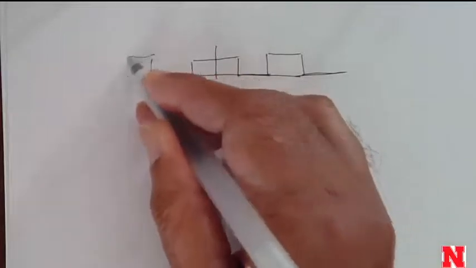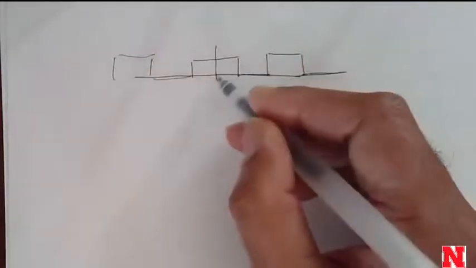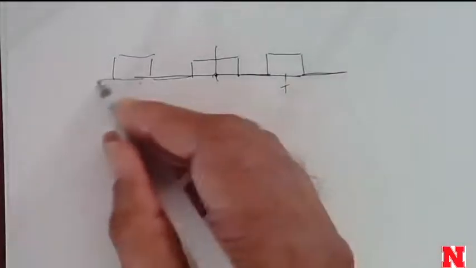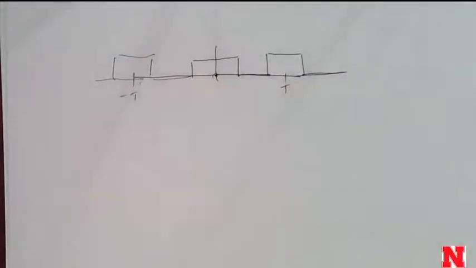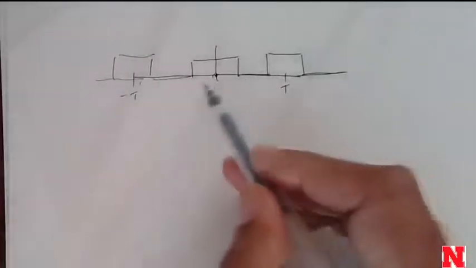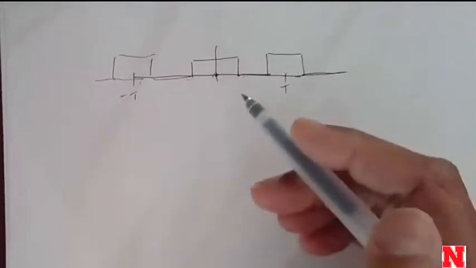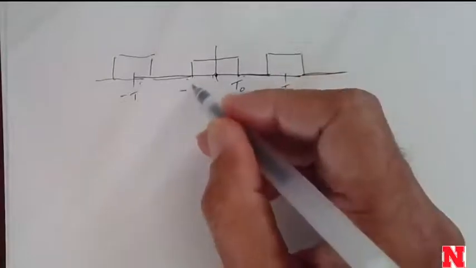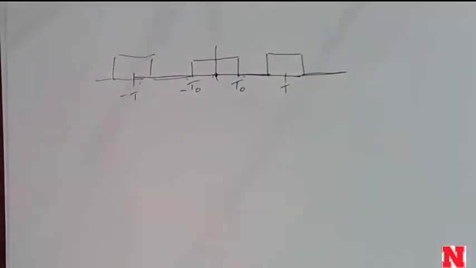And it has a period T. So this is T, and this will be minus T, and so on. And it has a pulse width of something, let's call it t0. So here's a periodic function.